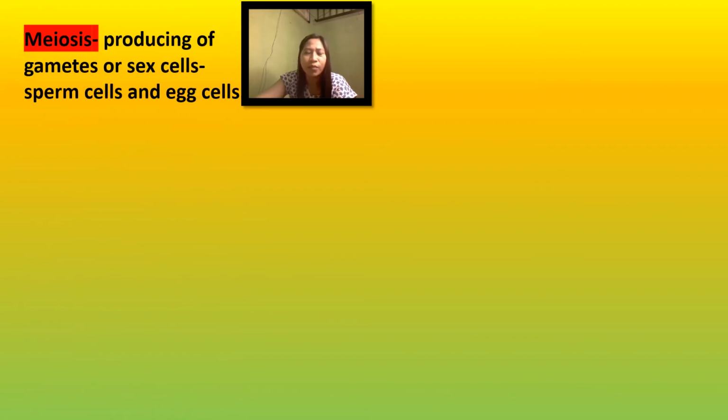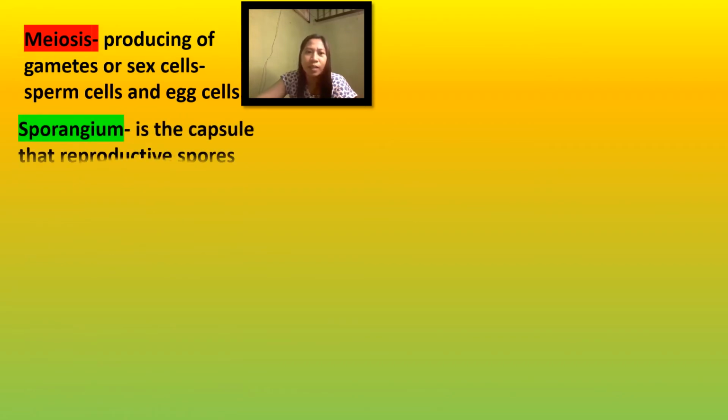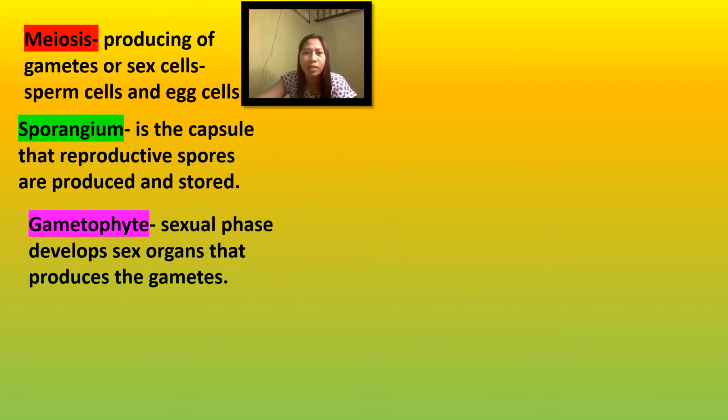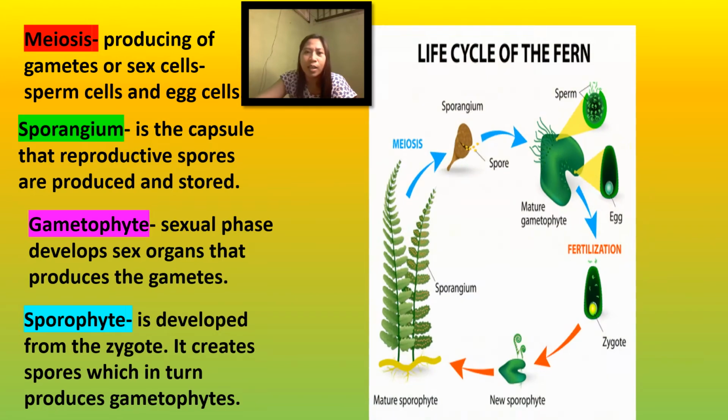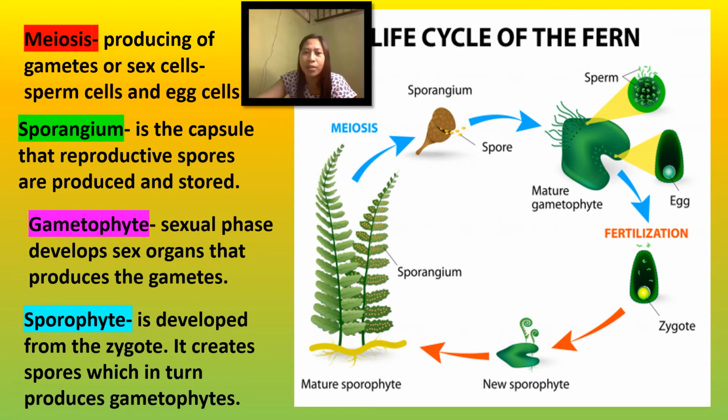Turn to page 4. Before we start, I want you to learn some difficult words that you can read as we go along our discussion. There are 4 words that are also shown in the life cycle of the fern.